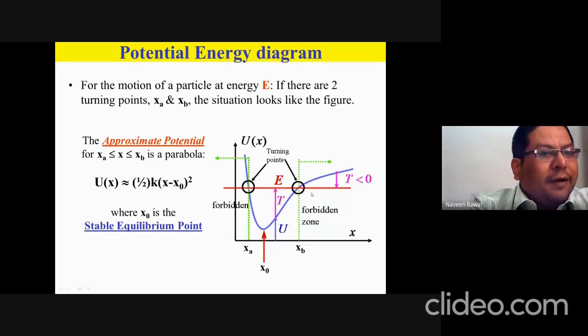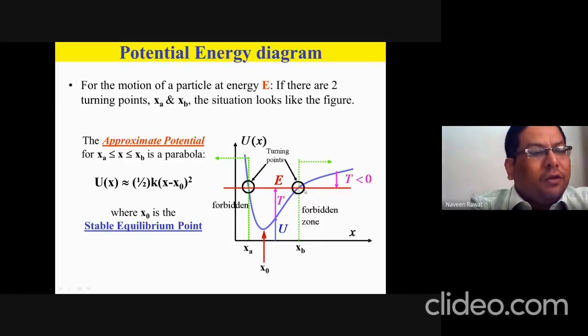The region shown in green is the forbidden zone. That means if you don't have energy beyond this value of E, then the particle can never cross that zone. So that is a forbidden region for the particle.